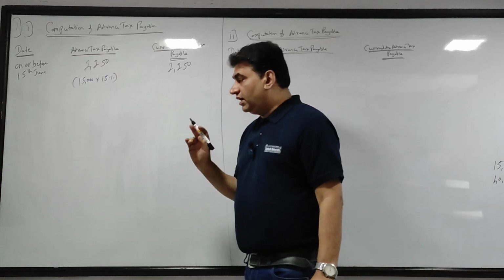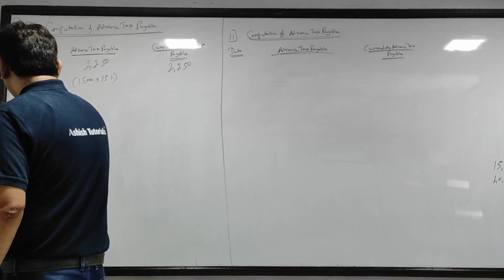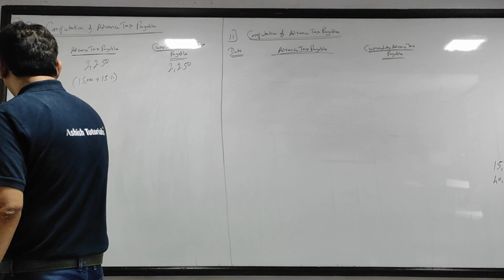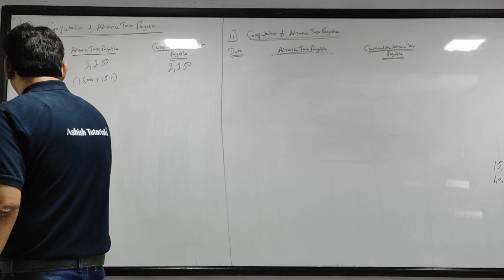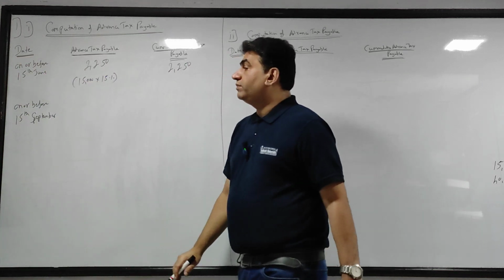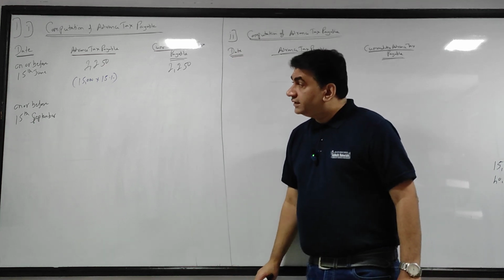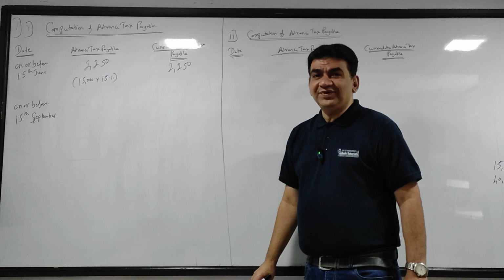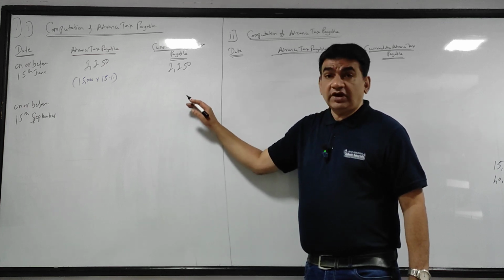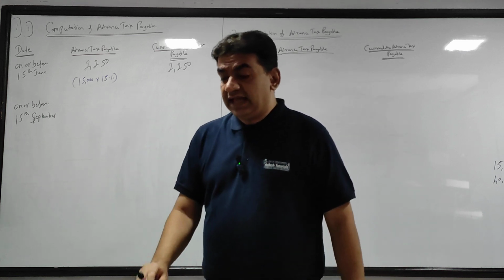Got it? Next, you can leave space for presentation. Next will be on or before 15 September. On or before 15 September. Now, what do I do? Total 45%. That 45 includes this 15 as well.